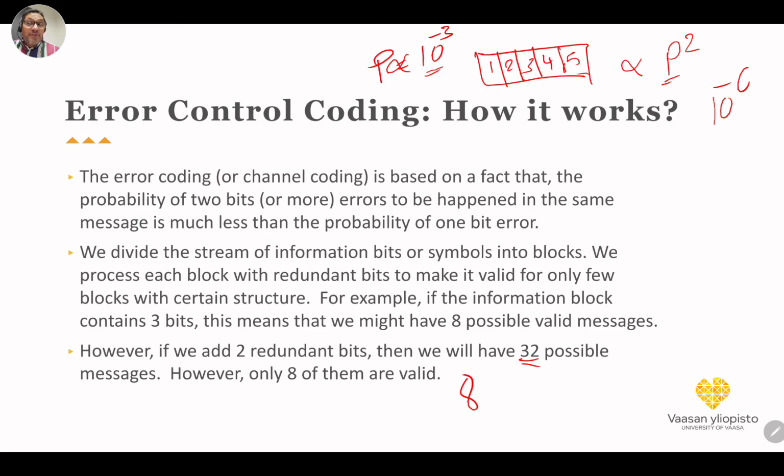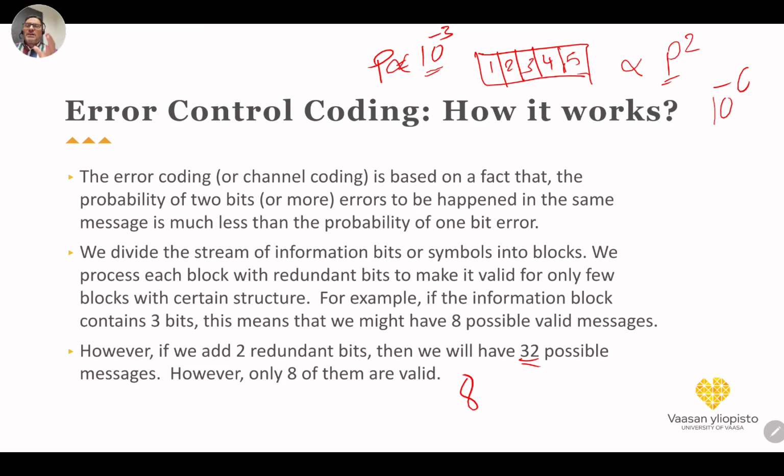Based on this fact, using coding or block code will give a lot of benefits. If we are able to detect even one error in a packet and correct it, it will introduce a high performance in the digital communication system.